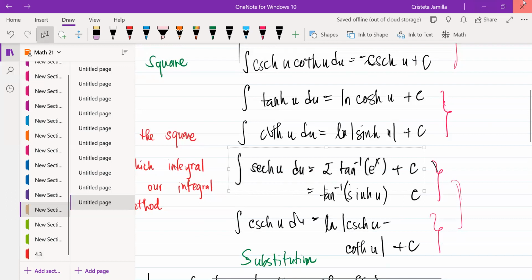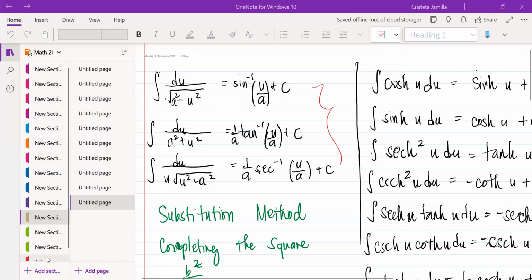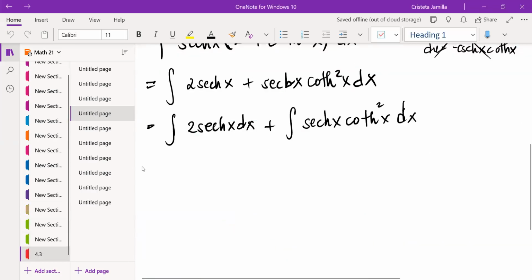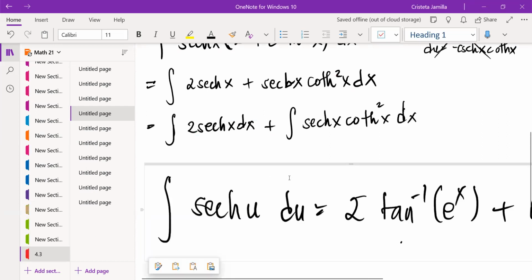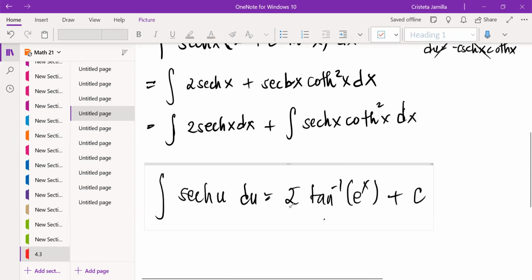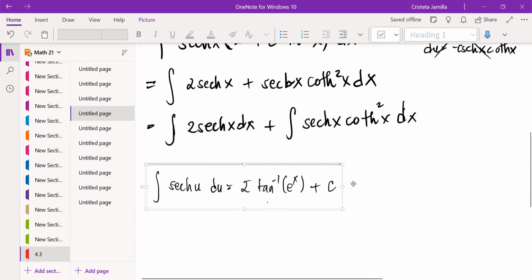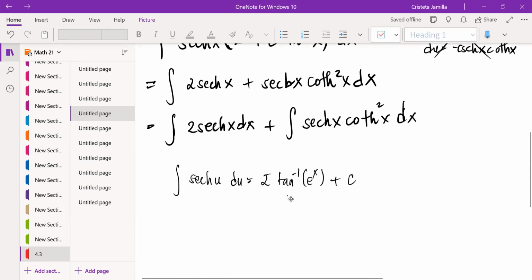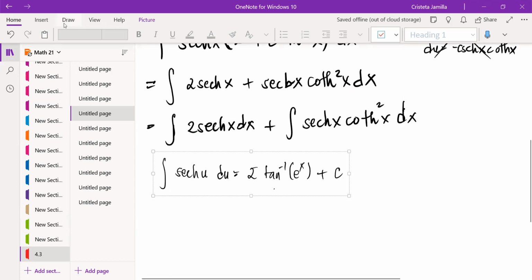I'll just exit this one, open again. Okay, I'll share it again. Okay. So that is this item. Paste it. Then minimize. So note that this one is the integral that we will be using.